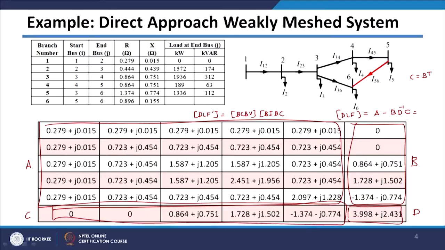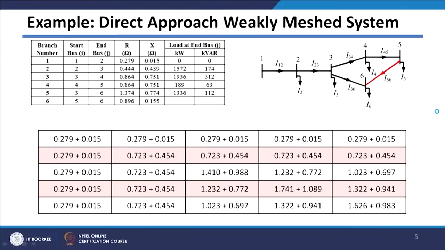So, this will be equal to A minus B into D inverse B transpose. If you do this operation, you will get the DLF matrix for this particular system. And then we can go with the normal step by step algorithm, which can be used for this case also.